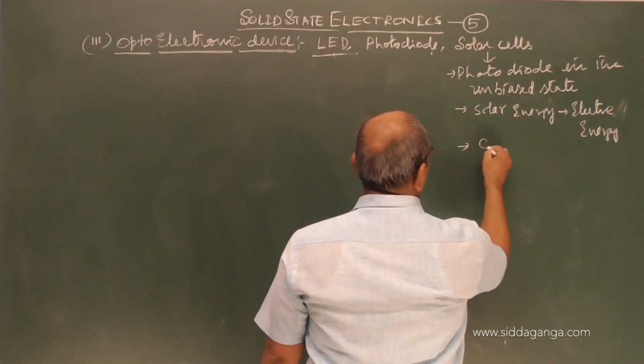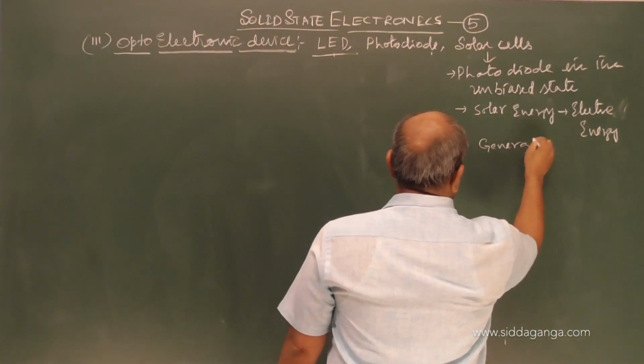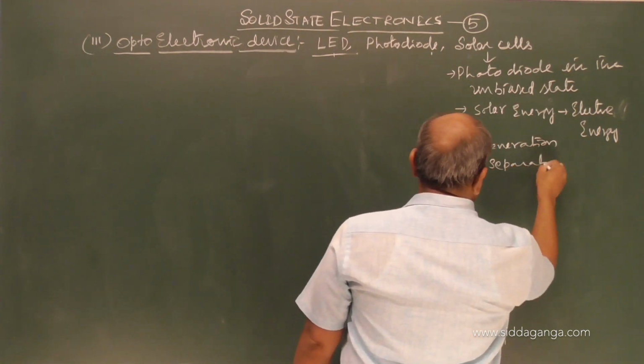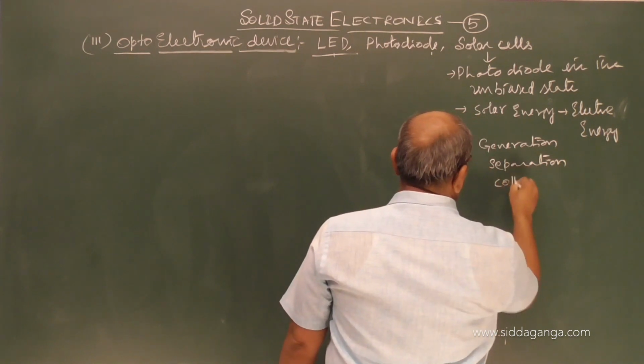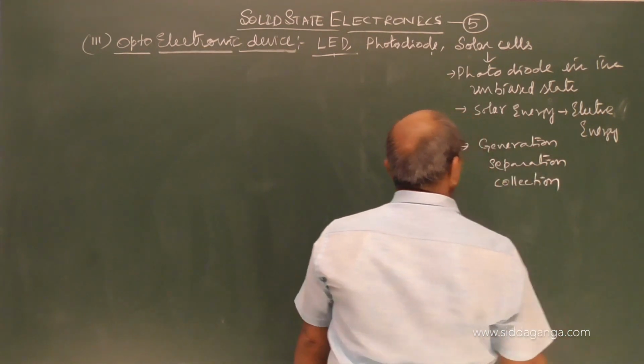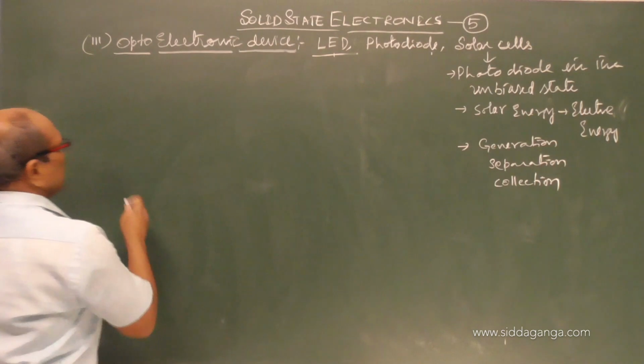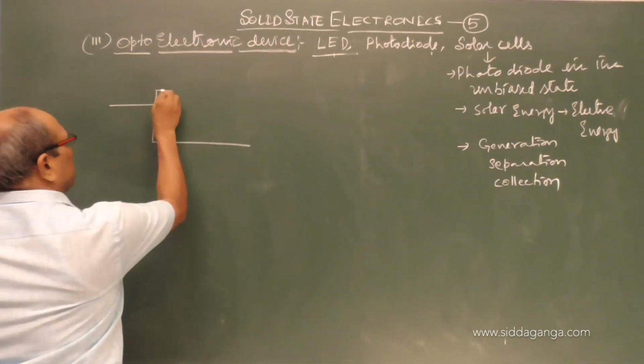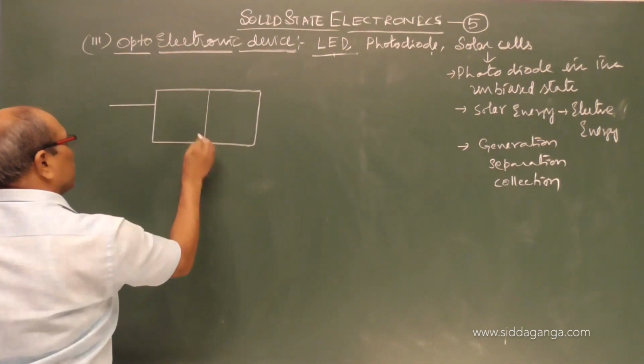There are three processes: one is called generation, separation and collection. Usually, I am saying again, drawing the PN junction.